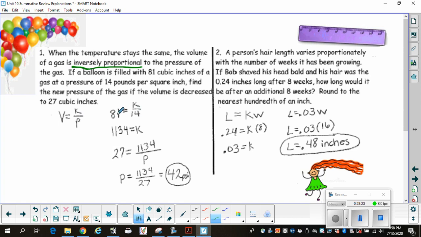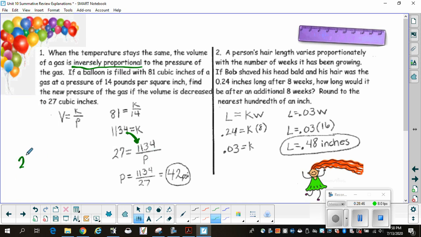So you can use that information: 81 is equal to K over 14. Multiply both sides by 14 to get the value of K. Then find the new pressure if the volume is decreased to 27. So you plug the K in, take the new volume, and multiply both sides.